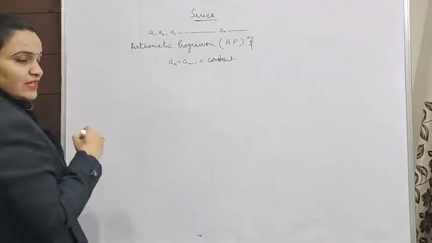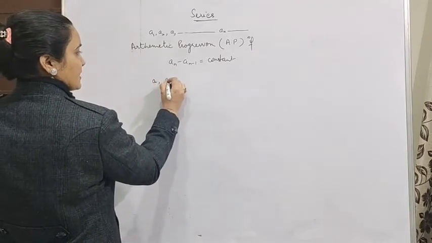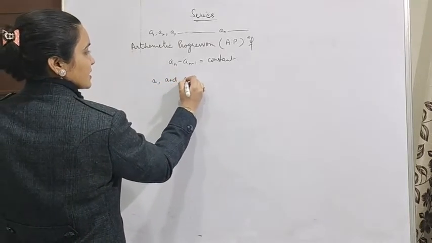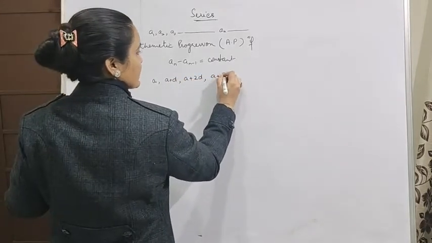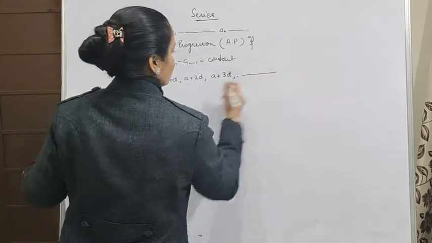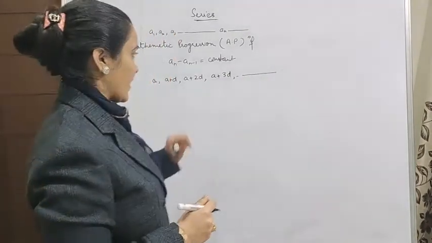In general, we say that if the first term is A, second term is A plus D, third term is A plus 2D, fourth term is A plus 3D and so on, then this is in arithmetic progression. Why?